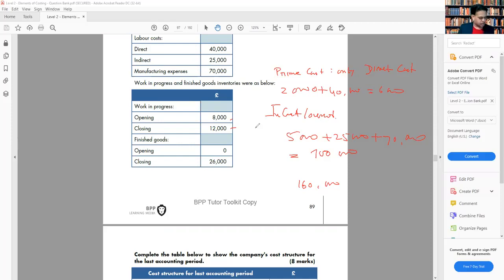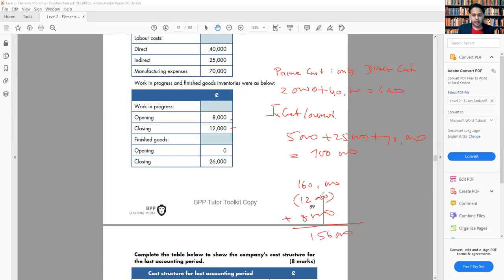So we need to minus the closing 12,000. We have to add the opening 8,000. So 160 minus 12 plus 8 gives me 156,000.